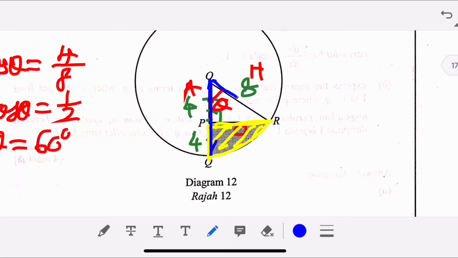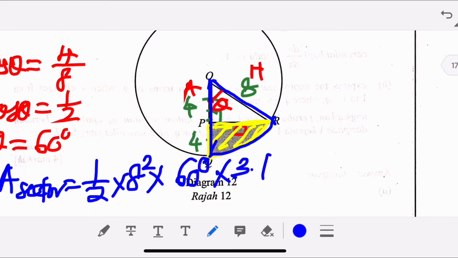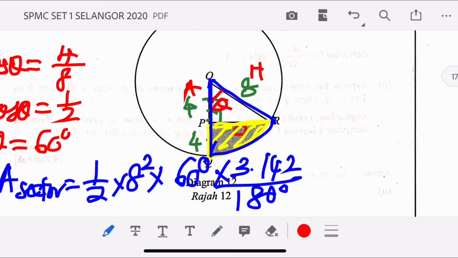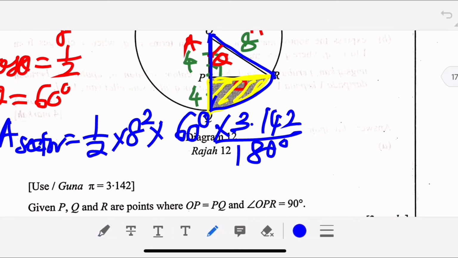The radius is 8, the angle is 60. Area of the sector is 1/2 times 8 squared times 60 degrees times 3.142 over 180 degrees. Okay, so we will take the sector minus the triangle.